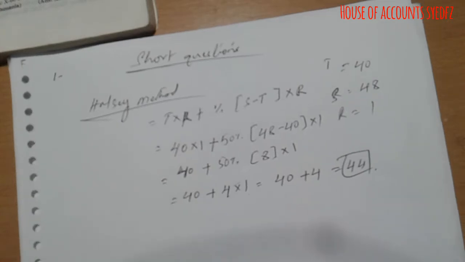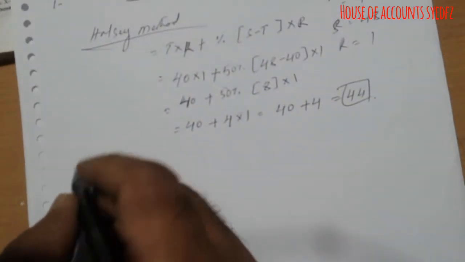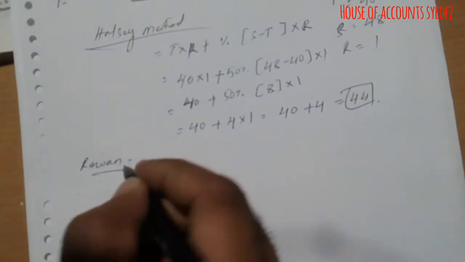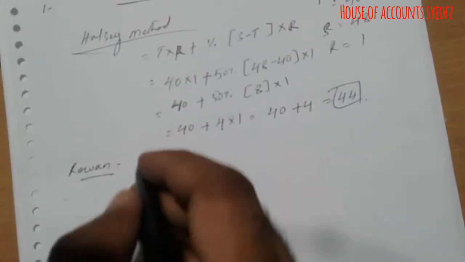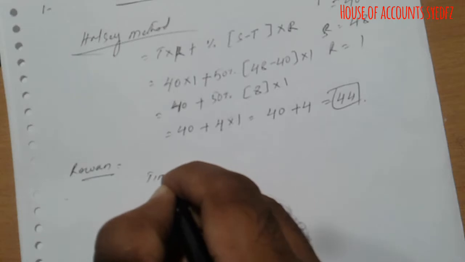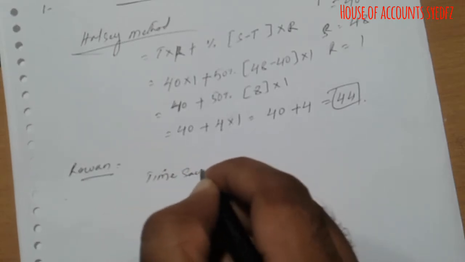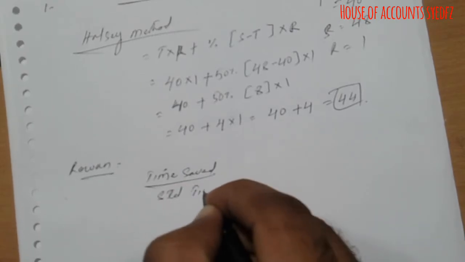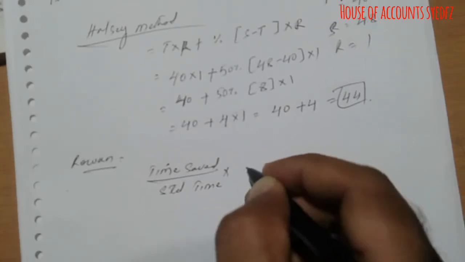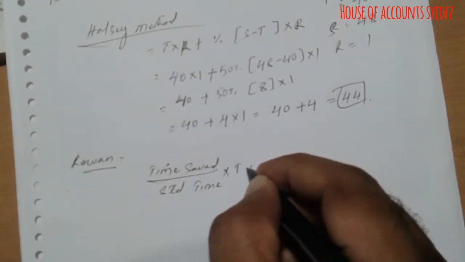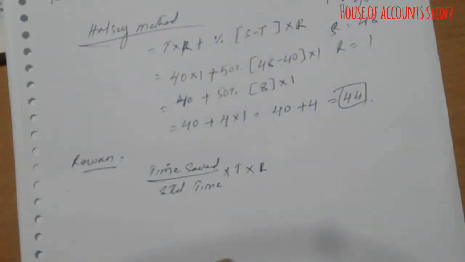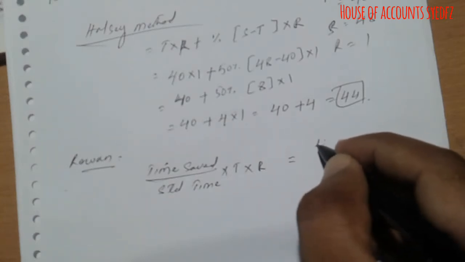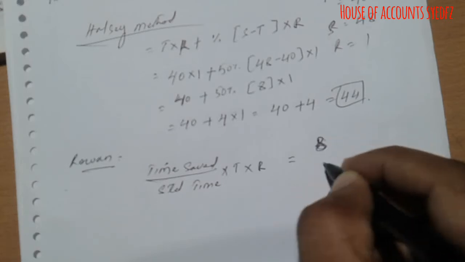Now Rowan's method. First write the bonus formula for the Rowan method: time saved divided by standard time, into time taken, into rate per hour. Time saved is 8.